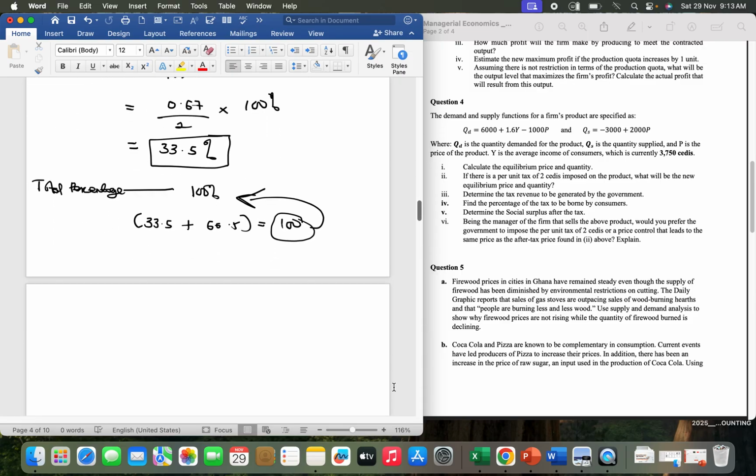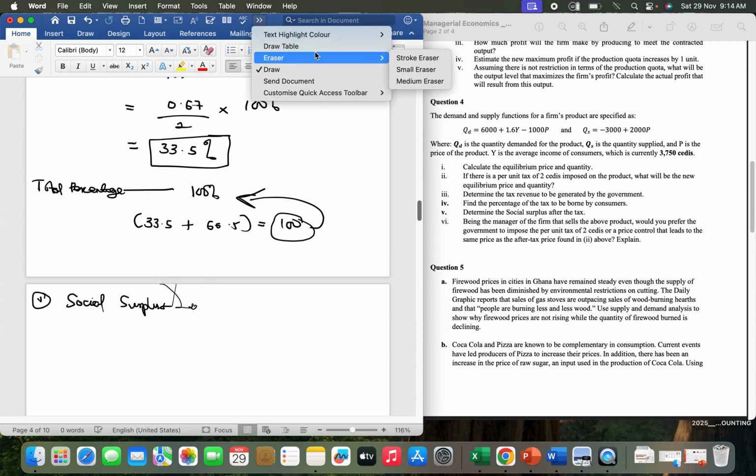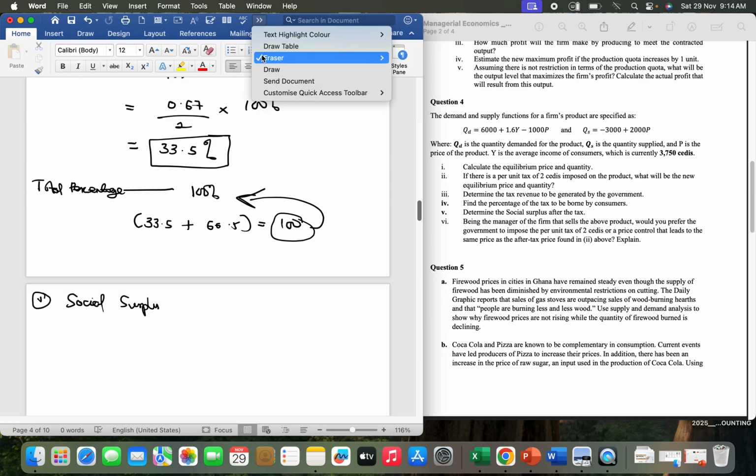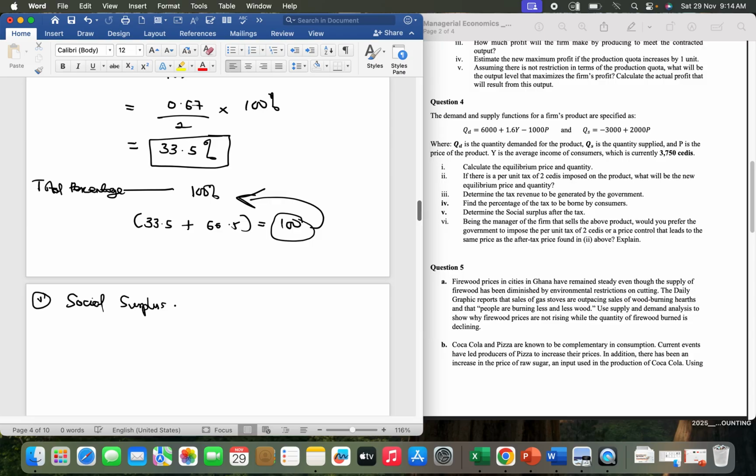So the next one is social surplus, which is what most of you have issues with. This is social surplus after tax.